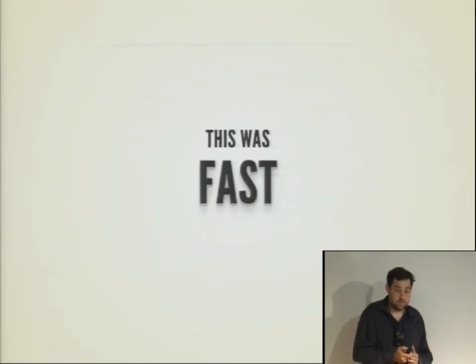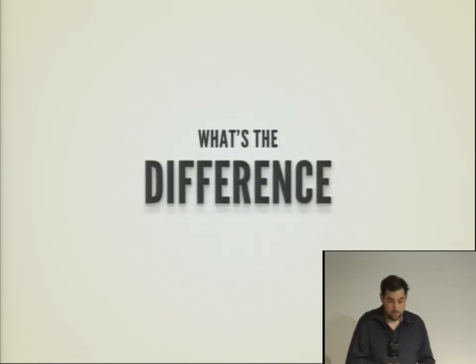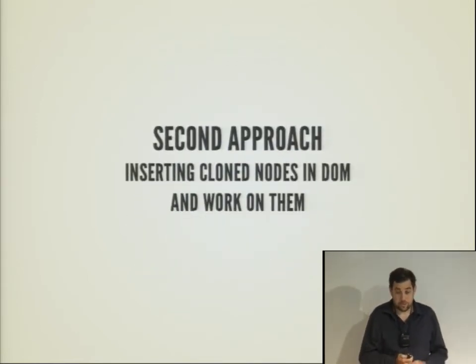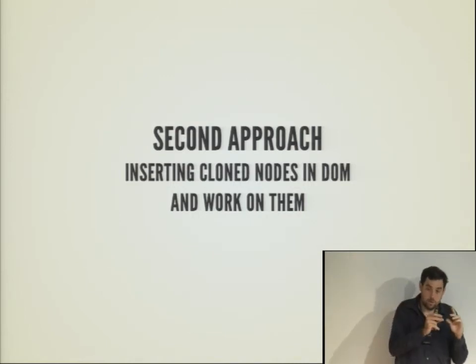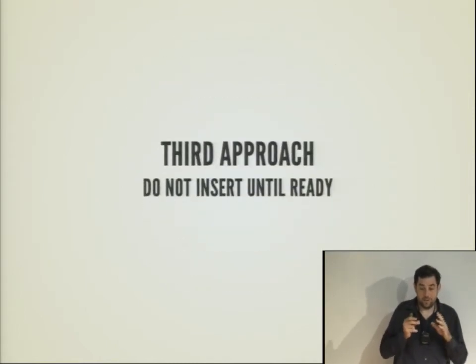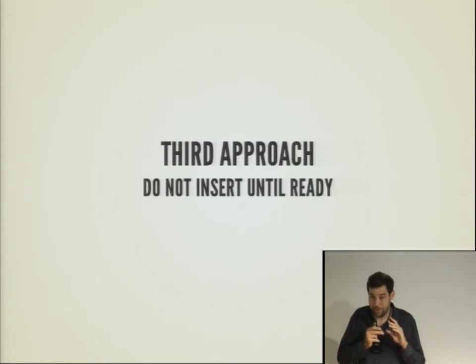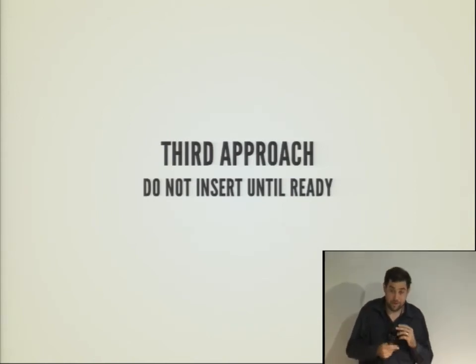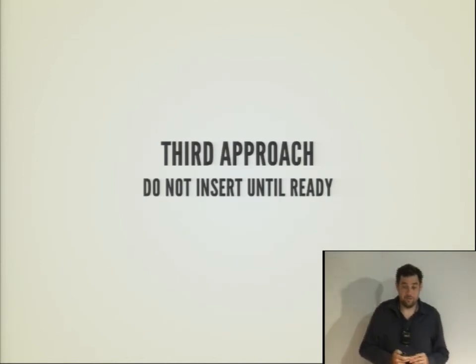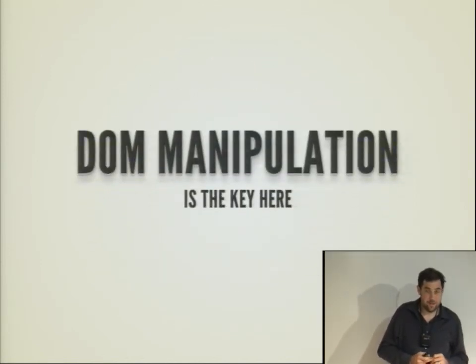And this was amazingly fast. So what's the difference? The second approach was inserting cloned nodes into the DOM and then working on them. And the third approach is: do not insert the nodes into the DOM until you really need it. And that was basically the big performance issue we had.